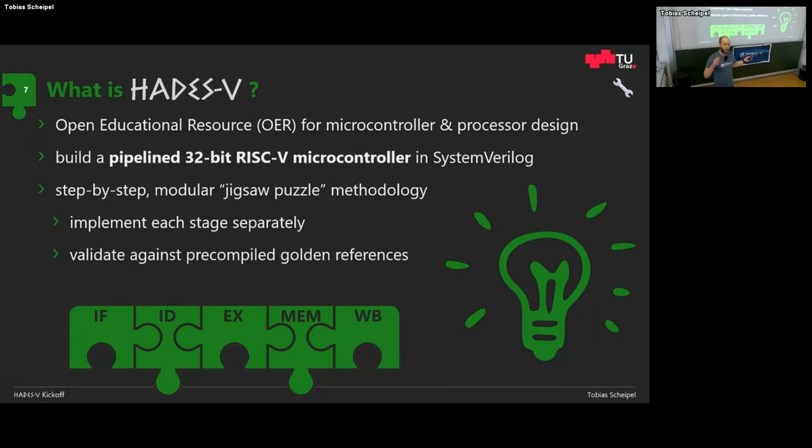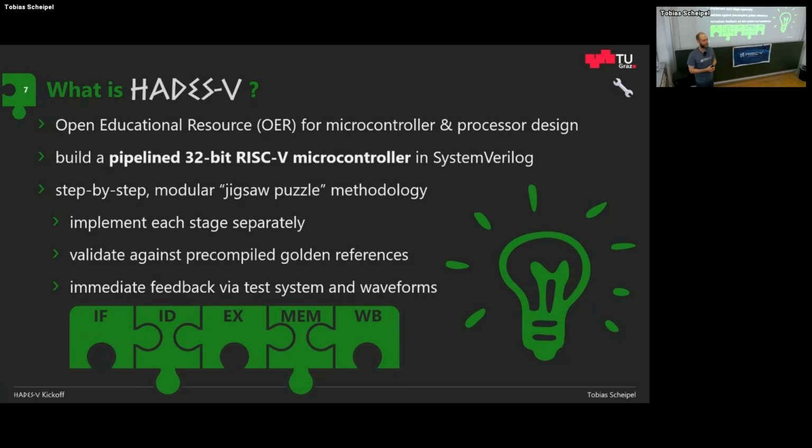So at any time throughout the course, you will have the complete CPU ready to test. You can run software on it when working on the individual stages. We're, of course, not disclosing the solution to you, which is why we only give you the binaries. So it's a fully functional model, but you can use it to test your implementation.